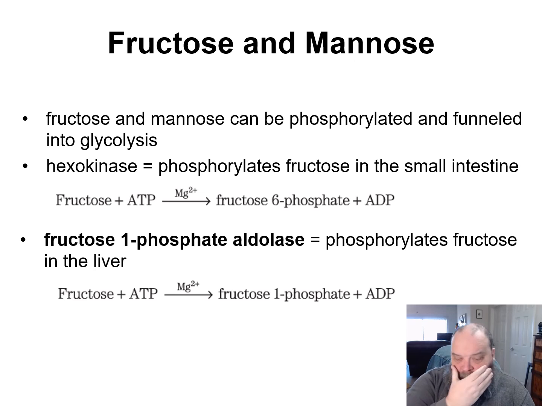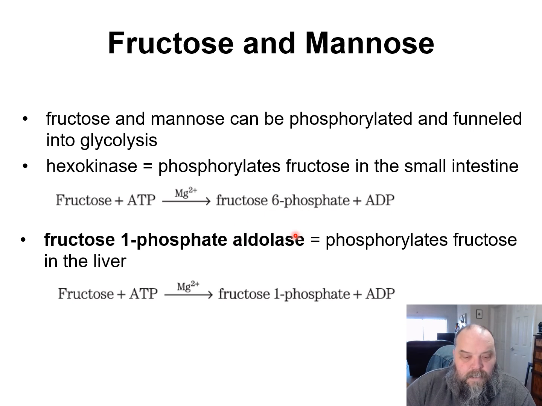Fructose 1-phosphate aldolase, okay? You get fructose, and sometimes it's going to come phosphorylated at carbon 1. Still can't do anything with it because, remember, it has to be at carbon 6, fructose 6-phosphate.